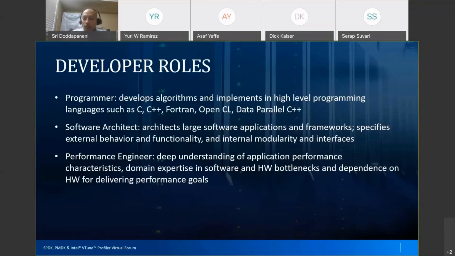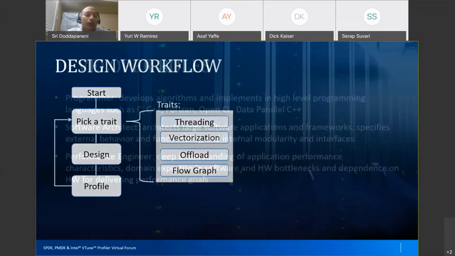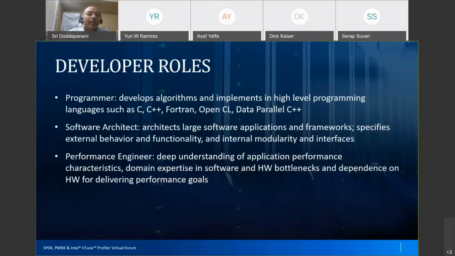So why do I talk about the developer roles? I just wanted to show you that you may not be all of these, but you may be one of these roles, or sometimes you actually play some of these roles during the life cycle of a project. You may be a programmer, and also an architect.